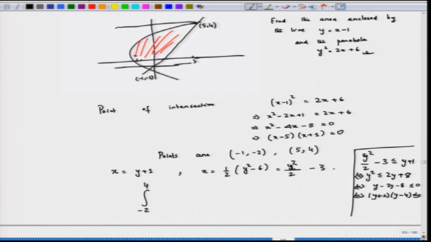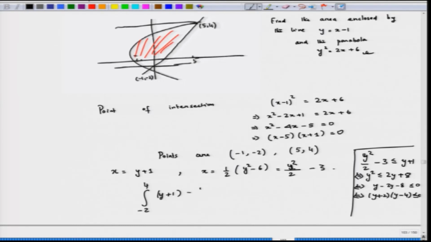Now, one of them has to be negative, that means if y is greater than minus 2 and less than 4, that is where you are going to get that product negative. So, therefore, y squared by 2 minus 3 is dominated by y plus 1. So, in this case we have the integral of y plus 1 minus (y squared by 2 minus 3) dy.